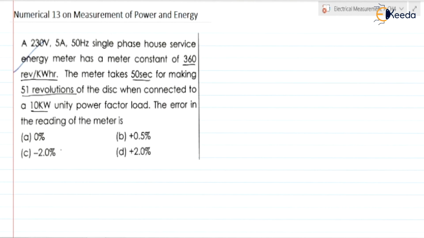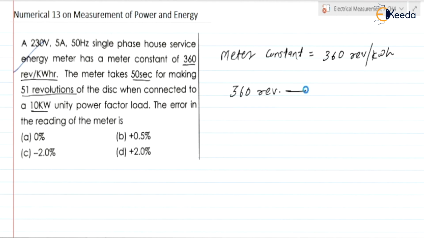Here, first thing is the meter constant is equal to 360 revolutions per kilowatt hour. So when the meter makes 360 revolutions, the energy consumption is equal to 1 kilowatt hour, that is 1000 watt hour. But our meter has completed 51 revolutions, this is the actual reading.